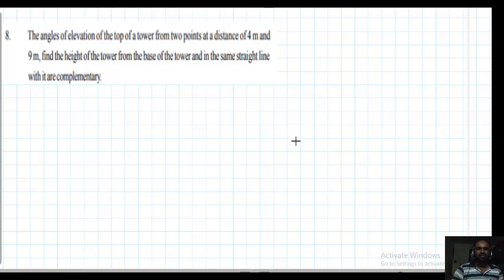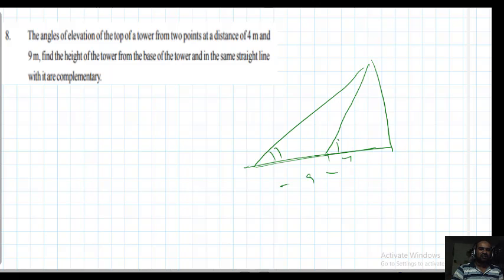Find the height of the tower. So this is the base, this is the tower. Two points are there, which is not mentioned clearly. One is 4 meters from what? This is for example 9, another is 4, so that these two angles are complementary angles. This theta means the other is 90 minus theta. I think the meaning is like this.